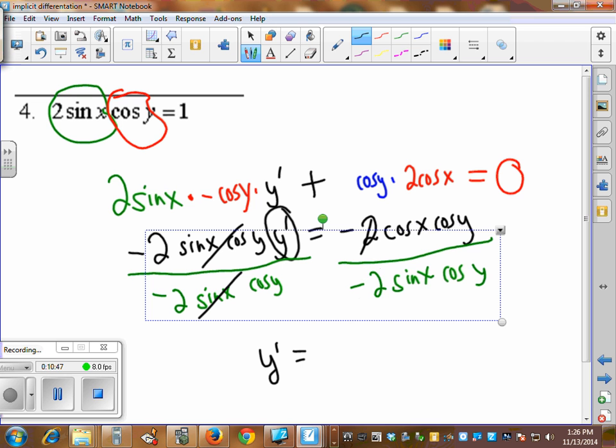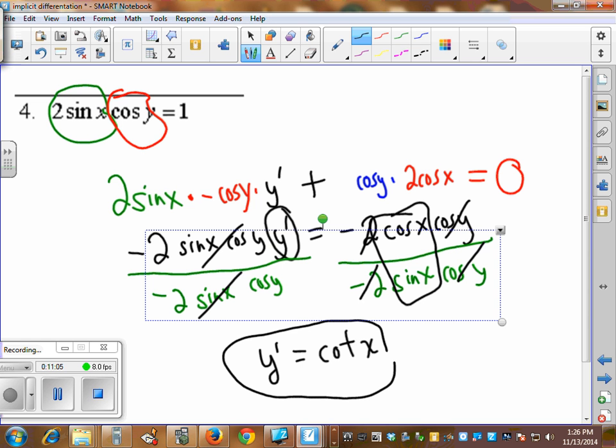On this side, the 2's cancel, the cosine y's cancel, and we're left with cosine x over sine x. If you remember from trigonometry, cosine x divided by sine x is equal to cotangent x. And that would be the final answer. All right, that concludes this page. Thank you for watching.